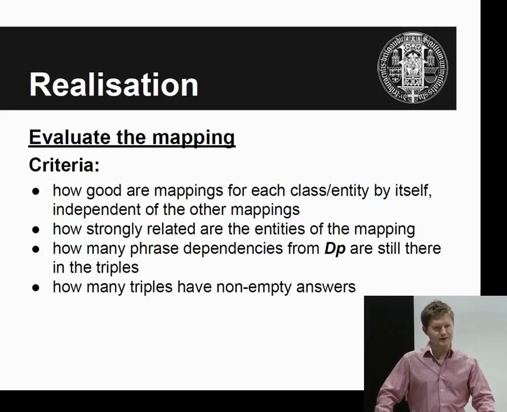It's also important how many phrase dependencies which we get from Stanford dependency parser are still there. How many are still existing? And how many triples have non-empty answers? They really do ask structured data with each triple. They build a query from each triple and ask the system and look if they get empty lists or not.